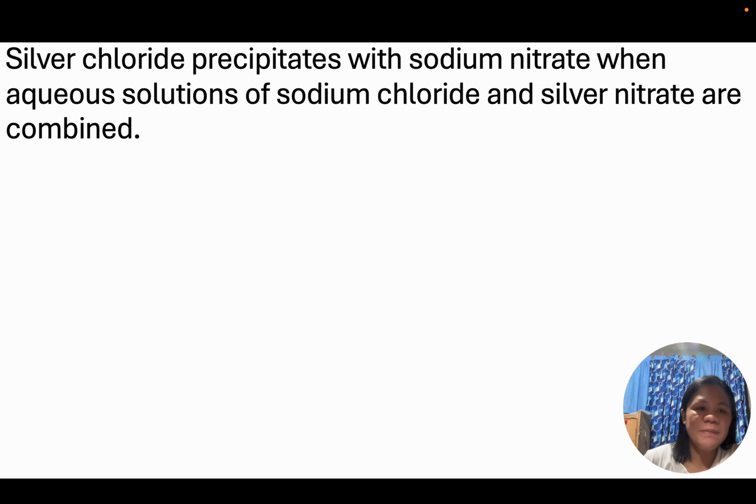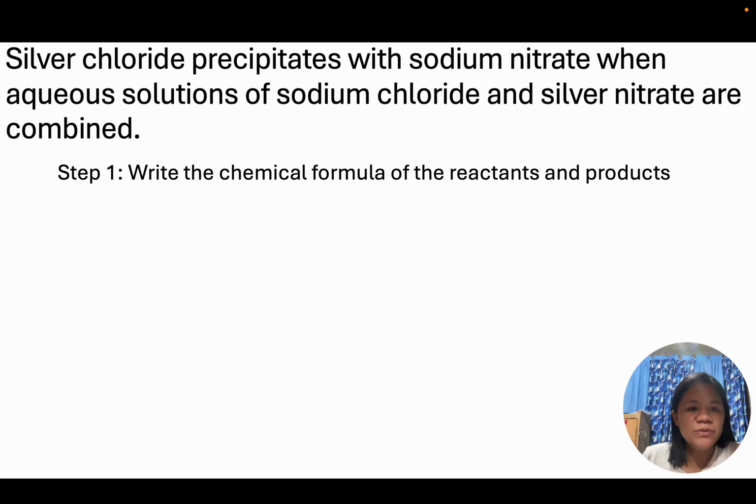When I say precipitate, these are solid, insoluble particles that separate from a liquid solution during a chemical reaction. So, if we boil some water with a specific chemical and the resulting product is solid or powderized, that's what we call the precipitate.